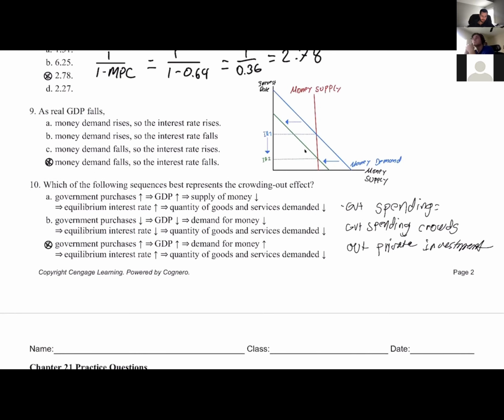Which of the following sequences? Remember that Y equals C plus I plus G plus NX. Actually, let me say plus exports, minus imports. That is the equation for aggregate demand.